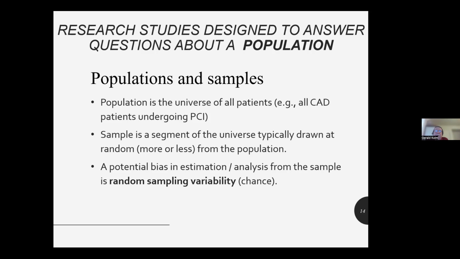There's no way that we're going to be able to sample everyone in the population. So what we're going to do is take a sample of that population, and a lot of times, if we have a randomized study, the sample that we take is going to be drawn at random.